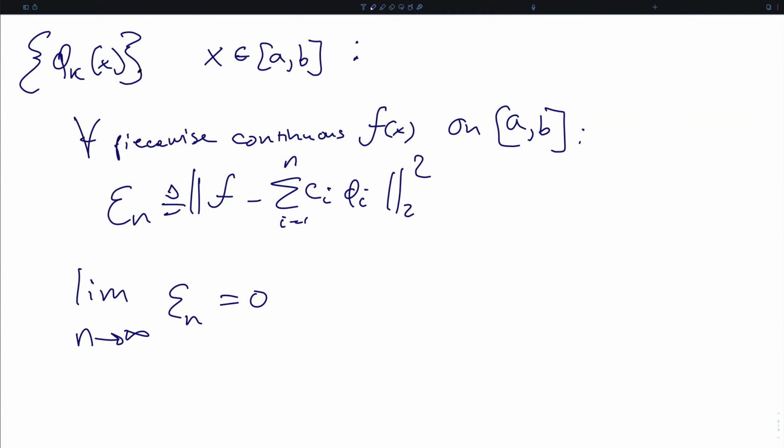This system is complete only if, as n goes to infinity, this error can be driven to 0.